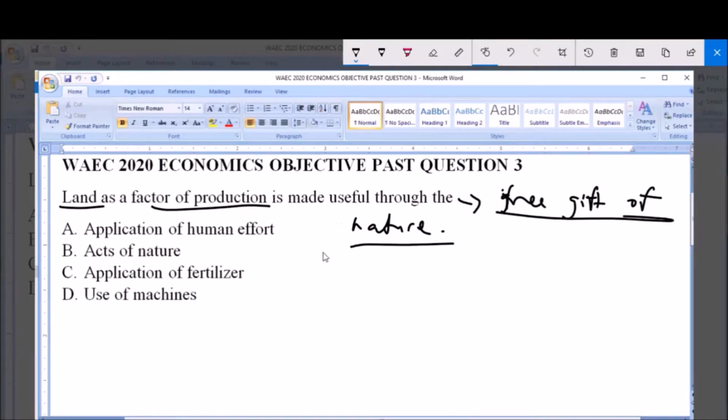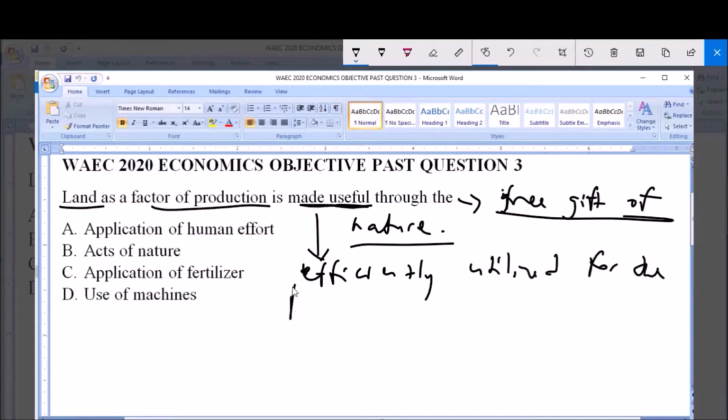Now, what does it mean for land to be useful or land to be made useful? When land is made useful, it means it is efficiently utilized for the purpose of production. So that is when land can be said to be useful.